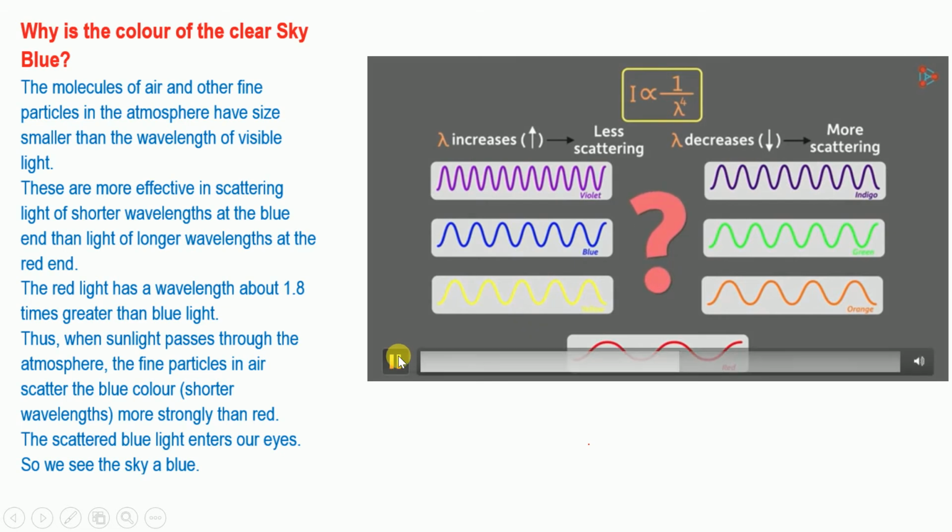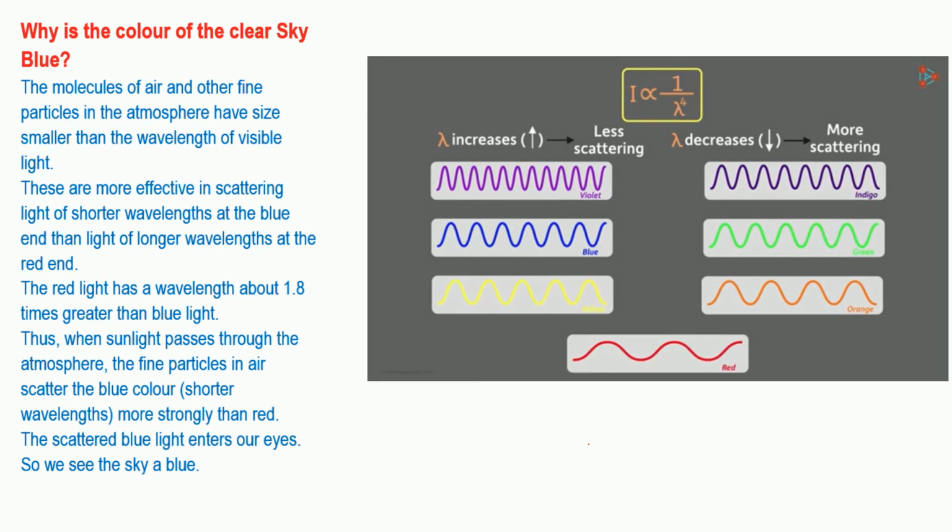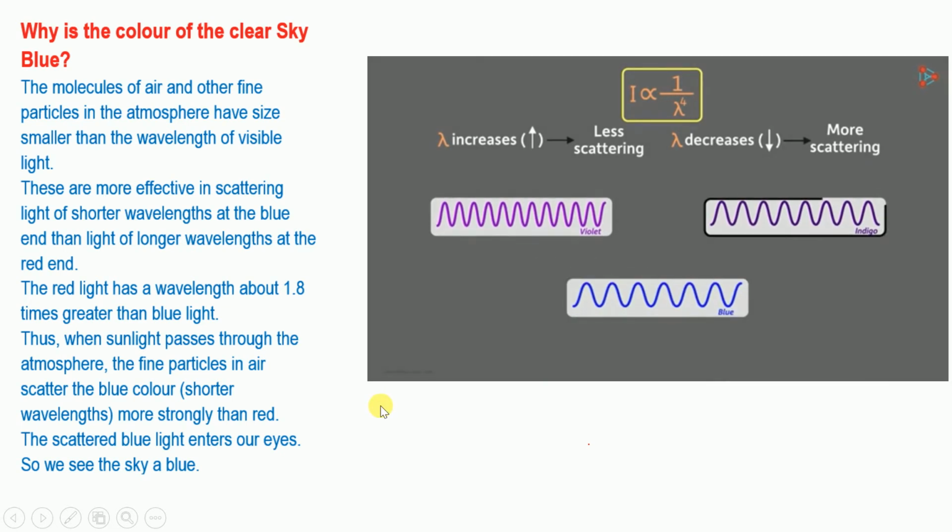So here you can see, as lambda increases, that is the wavelength increases, the scattering will be less. Which among these will be the least scattered? Red will be the least scattered, correct? And which is the most scattered? Violet will be the most scattered.